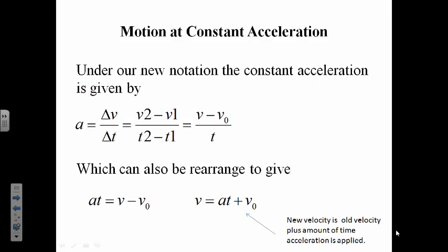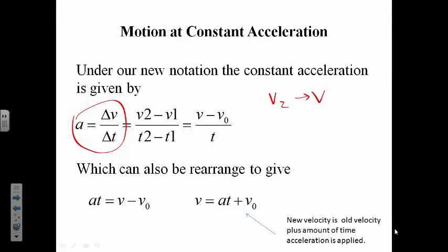So what we want to do is start with our equation for acceleration, the fact that a is delta v over delta t, and change up our notation a little. We're going to say that v2 now goes to v.